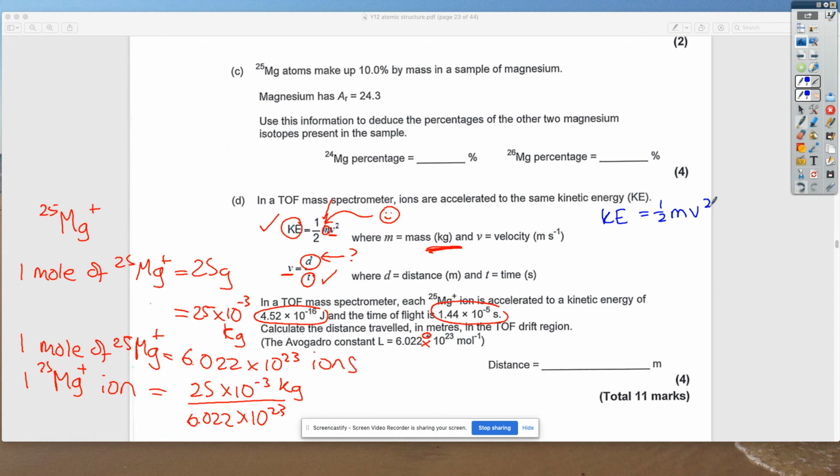So if I double both sides to get rid of the half, I can say 2KE is MV squared. And then if I divide both sides by M, I'll get 2KE over M is V squared. And now I square root both sides. So I've got root 2KE over M is equal to V. So I can now find V. You could learn that.